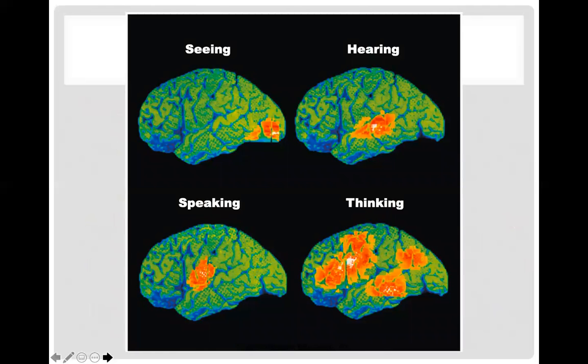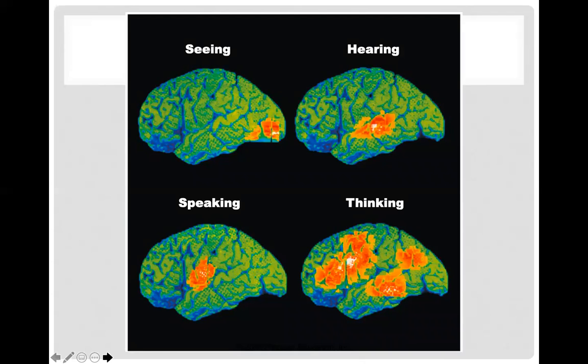Now, to highlight this whole understanding of the brain, I'd like to show you these 4 pictures. When we say your sense of vision is associated with the occipital lobe, which is the back of the brain, that does not imply it is the only part of your brain that is active when you are looking at something.